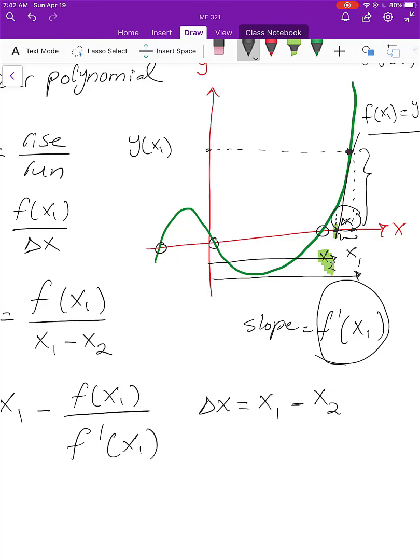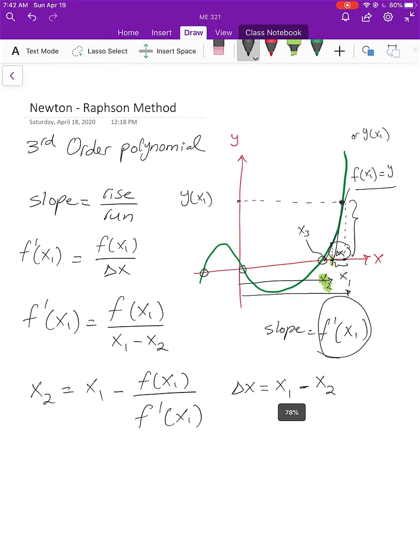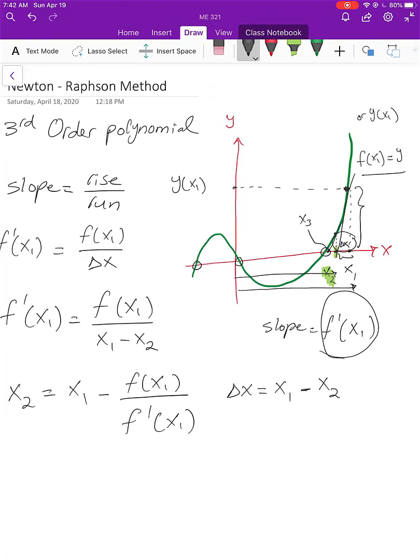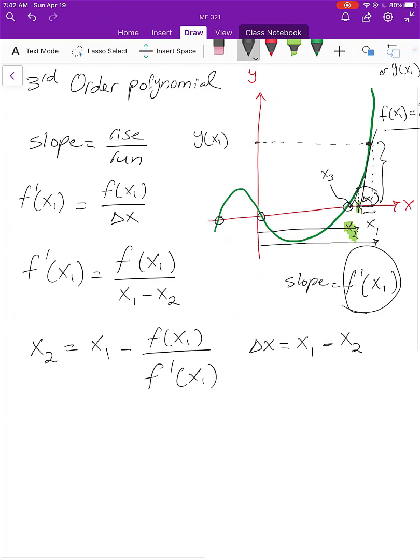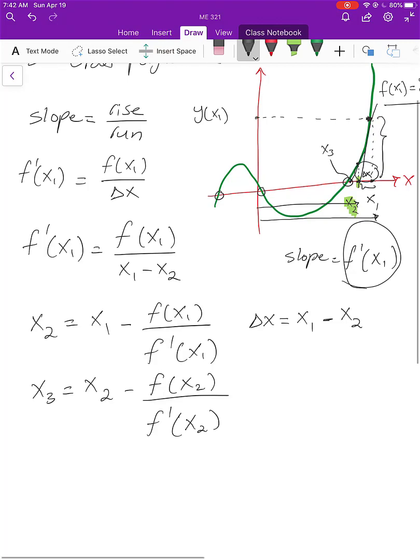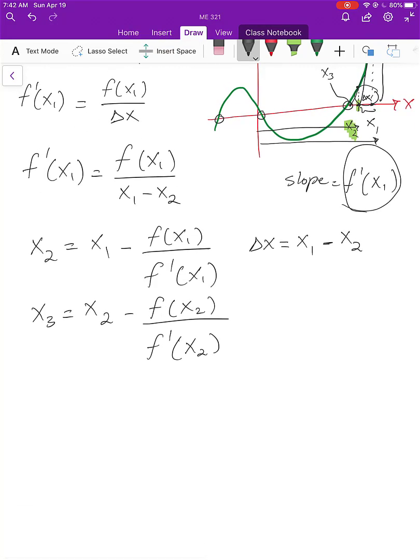So again, we will define another point and take the slope at this point, and this will be x3. We can see that we're getting closer and closer to our first root. So x3 will be equal to x2 minus our function evaluated at x2 divided by the first derivative evaluated at x2.